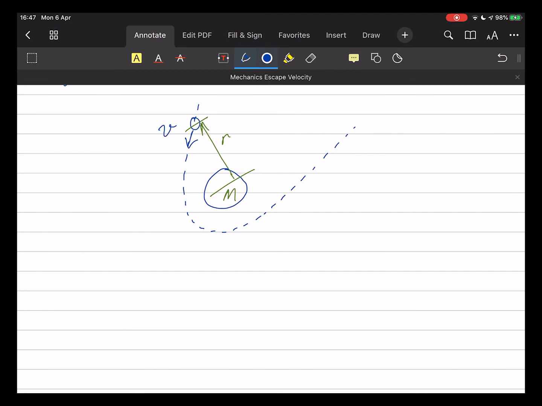So as the body leaves, understand what it means, as the body leaves, its velocity is forever decreasing.